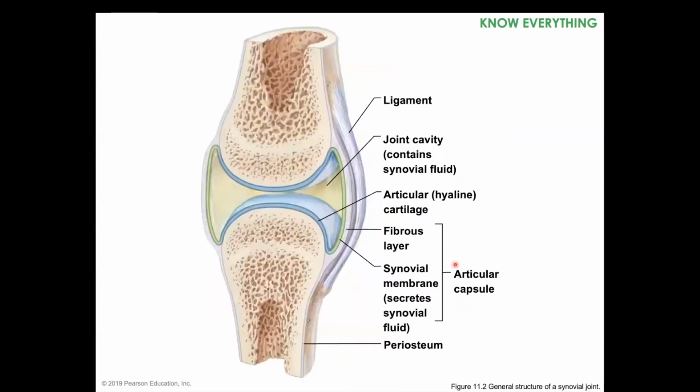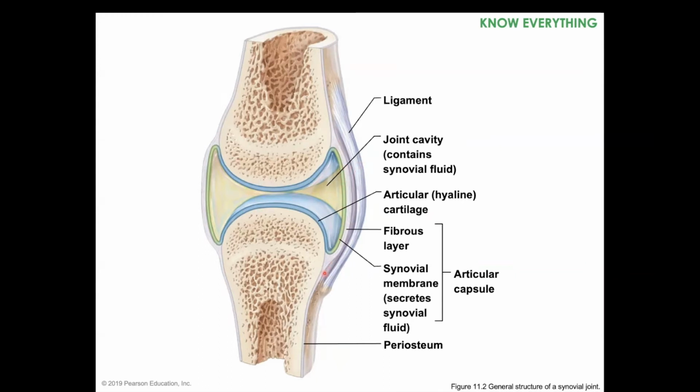So here we have an image of a synovial joint. You can see the synovial cavity contains synovial fluid that's going to be secreted by the synovial membrane. The bone, synovial cavity, synovial fluid, and synovial membrane are all going to be held together by the articular capsule.